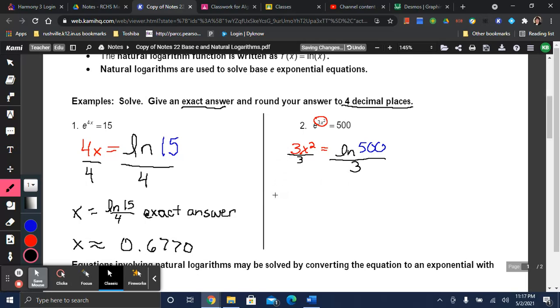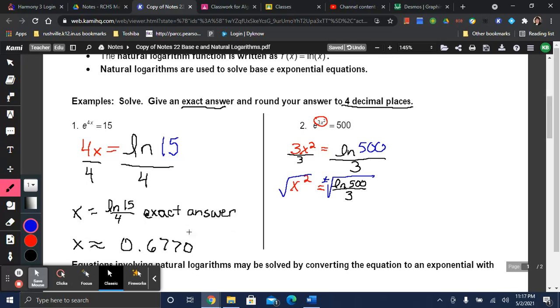Now, in this case, it's not just x yet. We have x to the second power equaling, and then it's our natural log of 500, and all of that divided by 3. To remove an exponent, we square root both sides. So we'll square root both sides, and when you do, you get 2 answers.